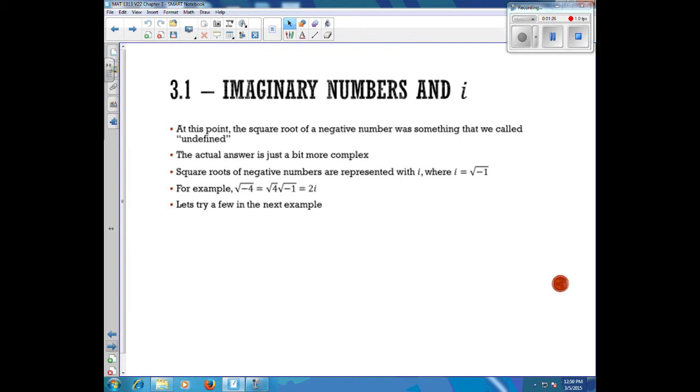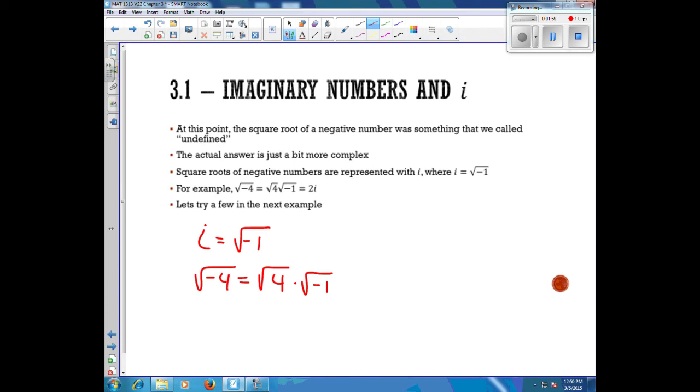When we deal with square roots of negative numbers, we use this term i. i is equal to the square root of negative 1. And so that's how we deal with the negative signs inside the square root. So for example, as you can see there, we have the square root of negative 4, which is the same thing as the square root of 4 times the square root of negative 1.